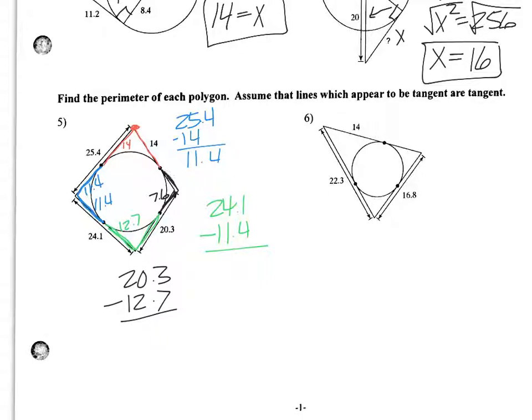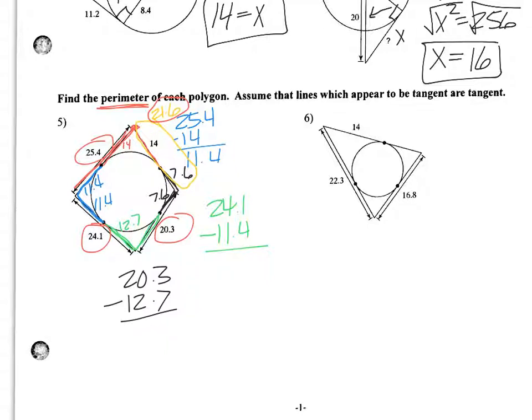which means that's 7.6. Now, I had to go through all that in order to find this whole side right here. And that whole side is going to be 14 plus 7.6, which is 21.6. So that whole side is 21.6. Now, it wants me to find the perimeter of the whole thing. So I have to take the whole side. So I take this whole side, which is 25.4, 24.1, 20.3, and now the 21.6, and I add all those together.